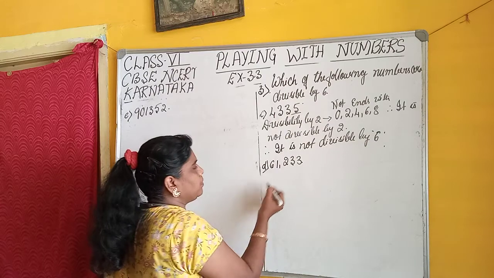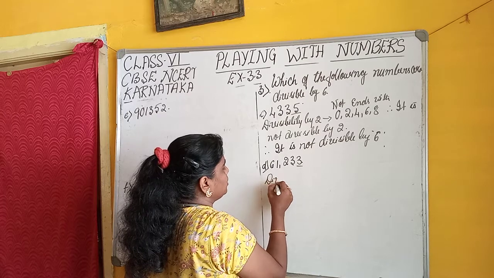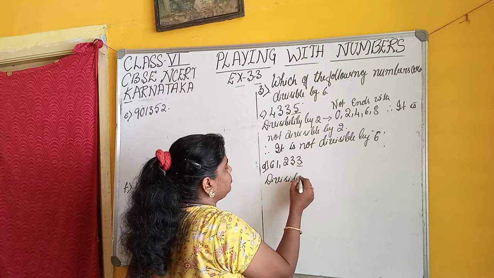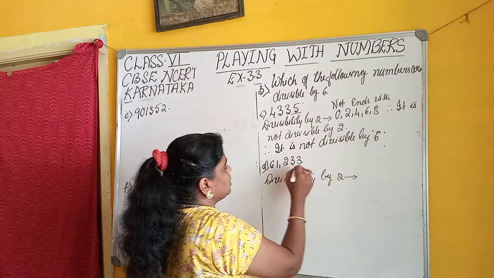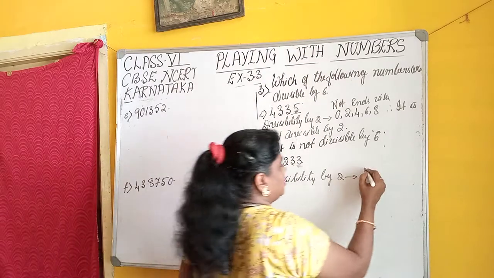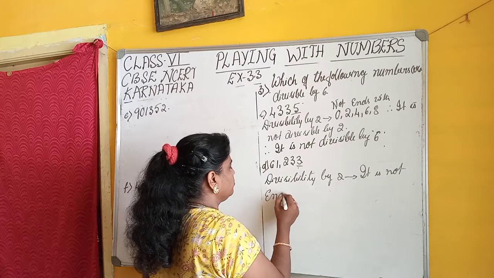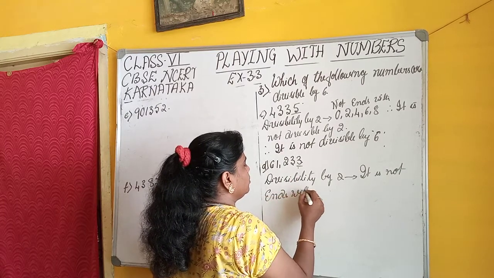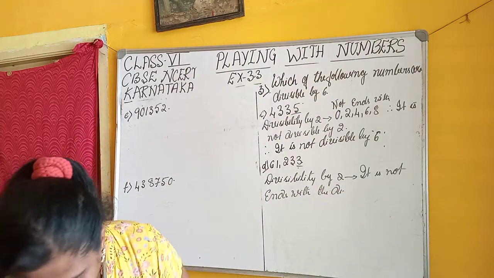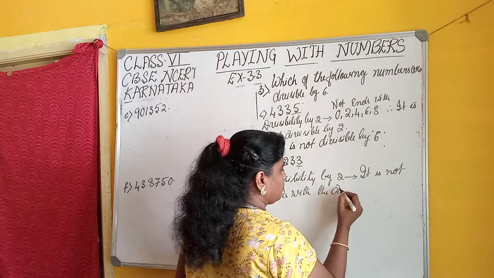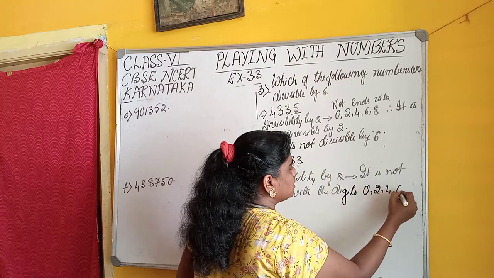Okay, let us move on to the next problem. Here the last digit is 3. Test for divisibility by 2. For the same reason, it does not end with the digits 0, 2, 4, 6 and 8.